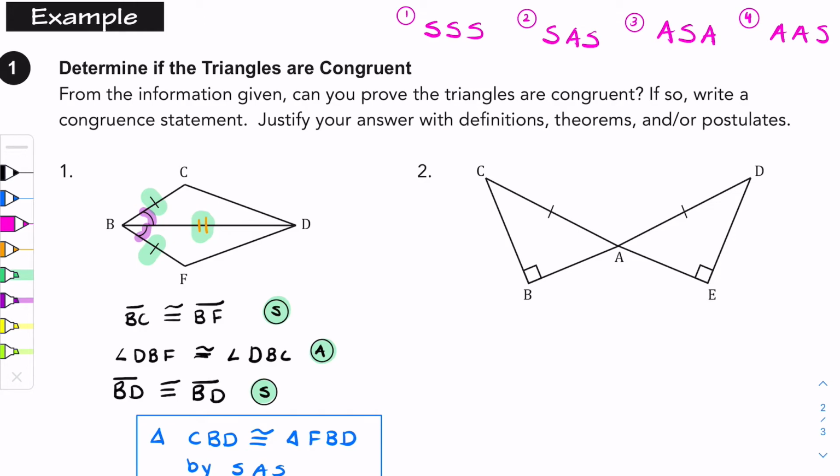Okay, number 2. Number 2 is 2 triangles. There's one previous postulate that we need to use, so something we've learned before, and that's vertical angles.